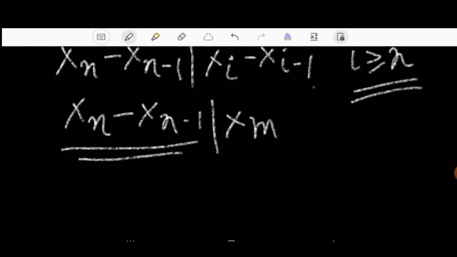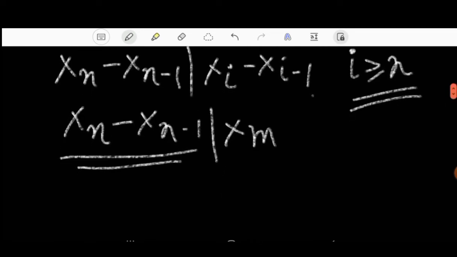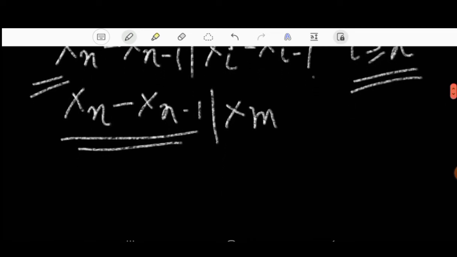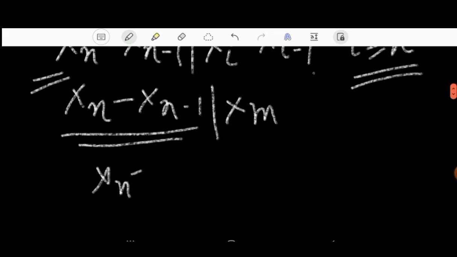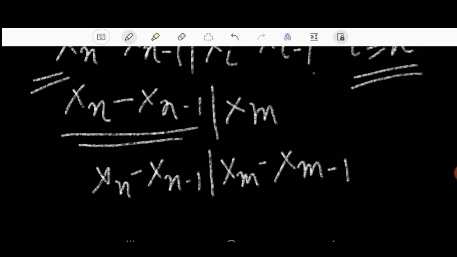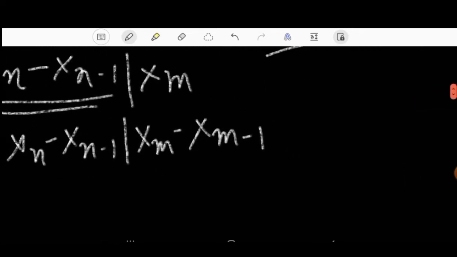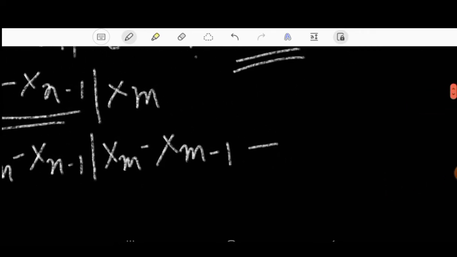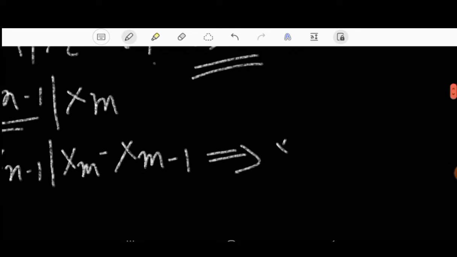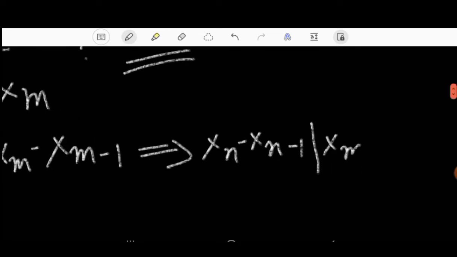By the above result we can say that xn minus x(n-1) divides xm minus x(m-1), and this will imply that xn minus x(n-1) separately divides xm minus x(m-1).